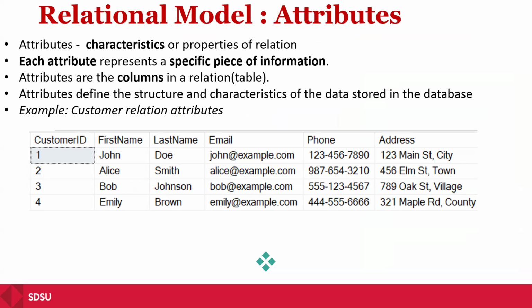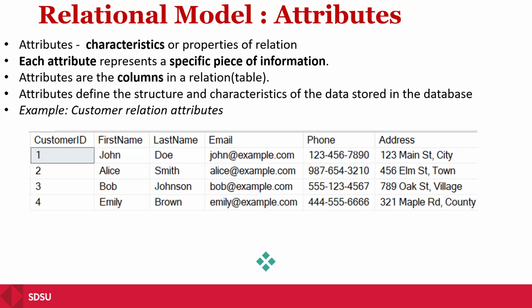Attributes are a very important component of relational data models. Similar to the conceptual data model attributes that we identified for entities a couple of classes ago, those are specific characteristics of a relation.